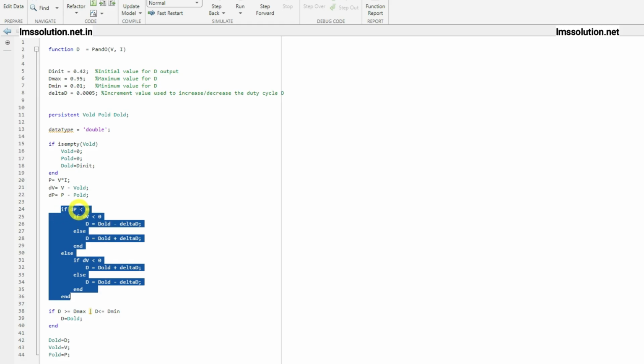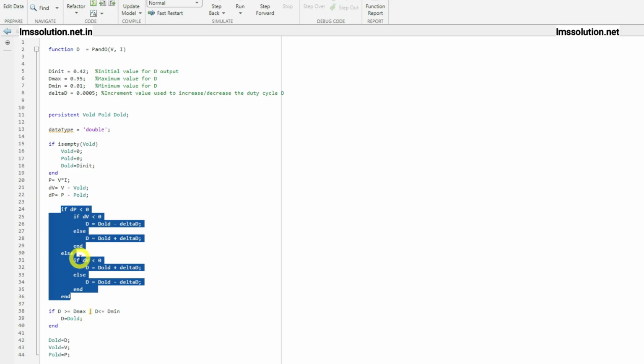If this condition is not true, that means the power sign is positive, again we have to check the voltage difference sign. If it is negative, then we need to increment the duty cycle, otherwise decrement the duty cycle. So these four conditions are used in the P&O MPPT for calculating the current or optimal duty cycle in order to get the maximum power from the PV array.